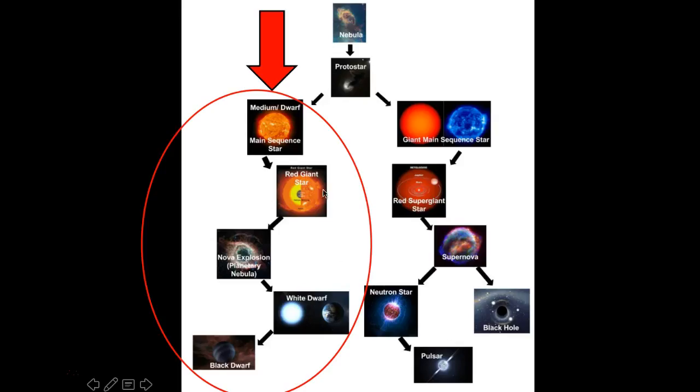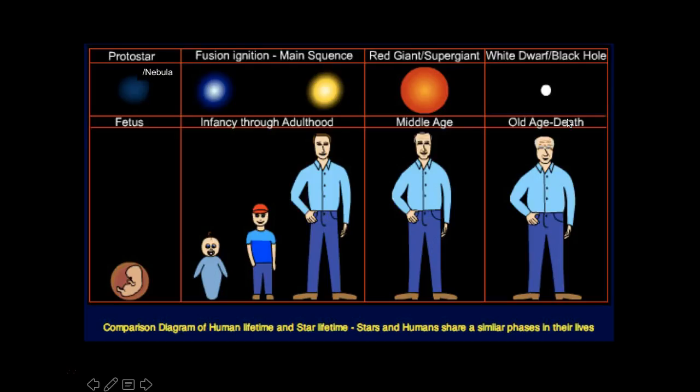So this is the life cycle of a medium or dwarf size star. We just talked about it, but I want to show you some pictures. I look at this picture, I love this picture, and you'll see it again in your lab. When you're in a nebula, it's like being a fetus, and then the main sequence is going from being born to being my age, kind of middle age, or not quite middle age yet, even though I am, but we'll pretend I'm not.